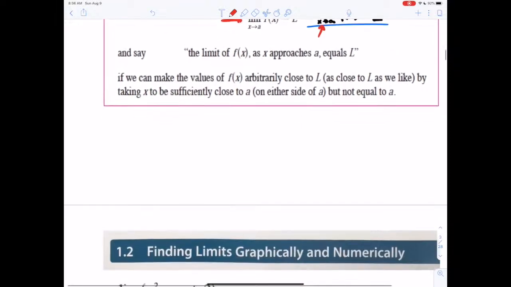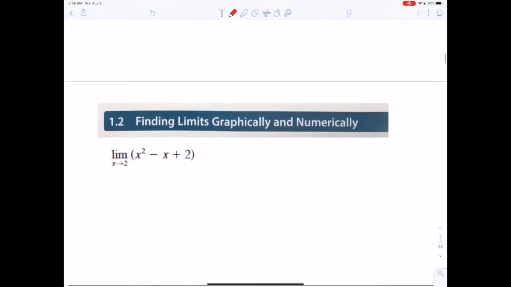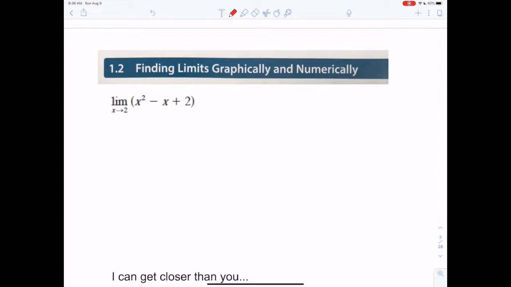Remember the four lines: it's the y value as x gets arbitrarily close to a on either side of a, but not exactly a. Right now you're trying to memorize it, but what does it all really mean? So here's example 1. Go ahead and write this down.